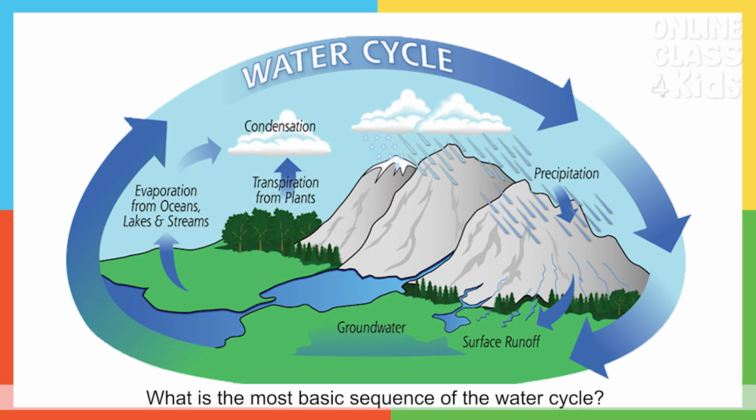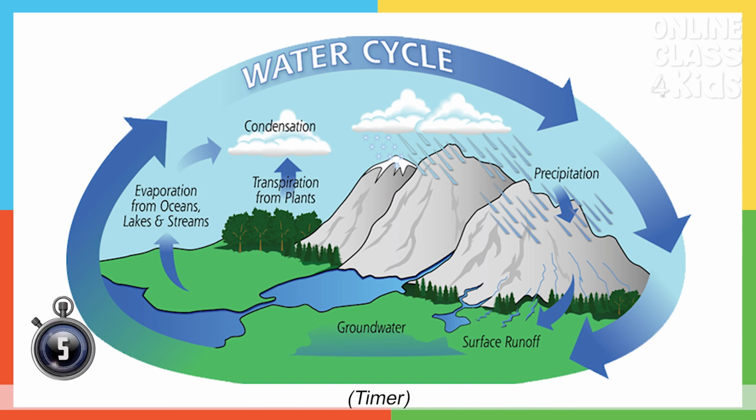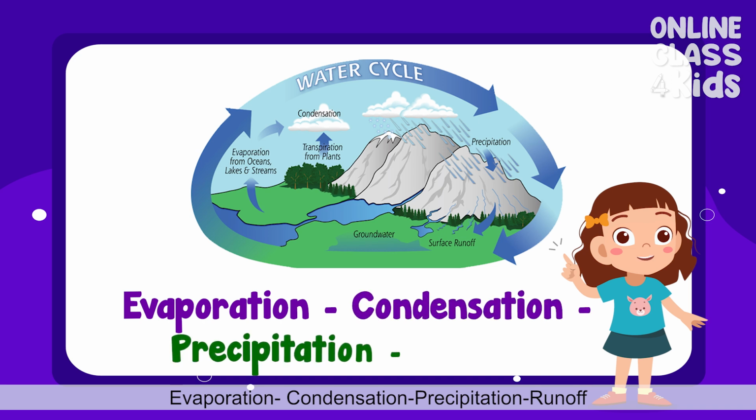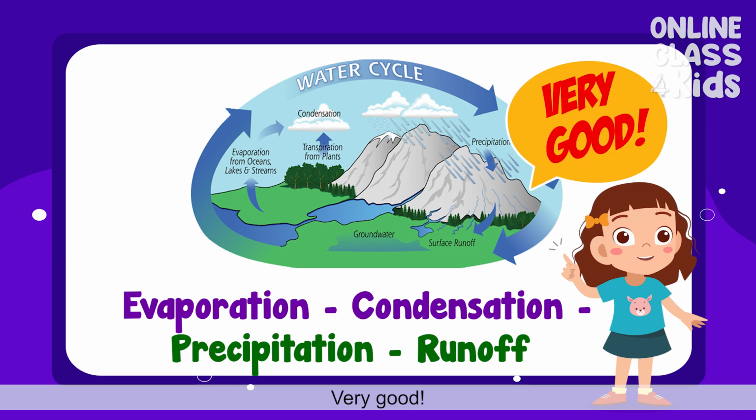What is the most basic sequence of the water cycle? Evaporation, condensation, precipitation, or runoff. Very good.